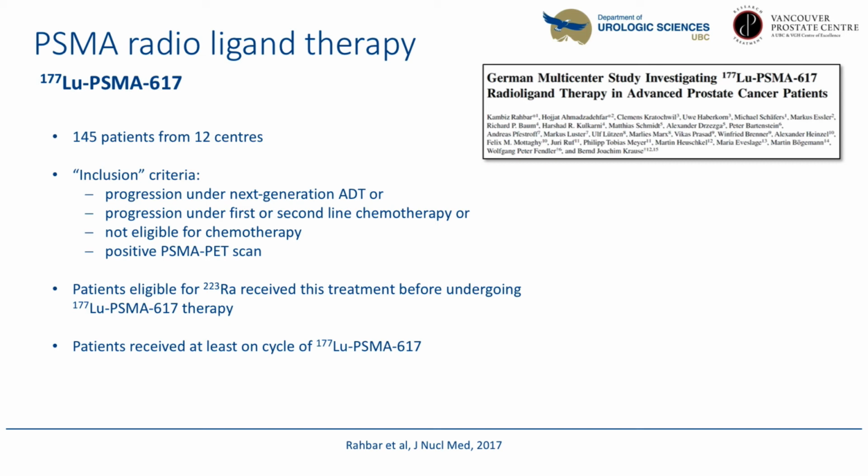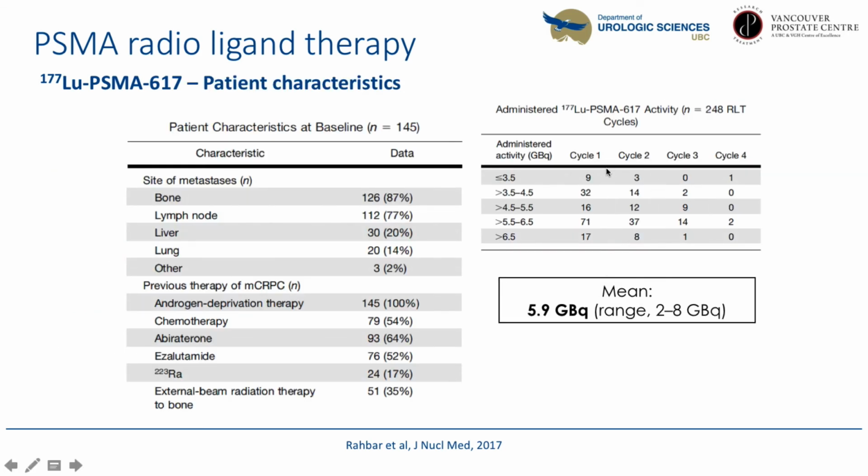Some of them even received radium therapy before lutetium therapy. They needed to have a positive PET scan, and of course they received at least 1 cycle of lutetium PSMA. 76 of those patients received 2 cycles, 25 received 3, and 3 received 4 cycles.